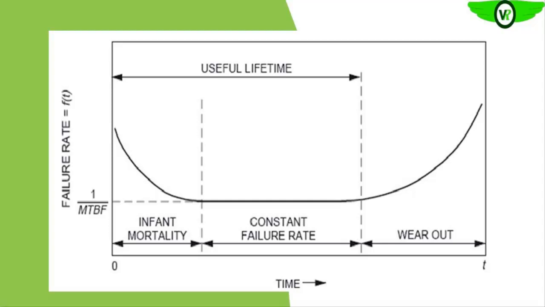And then if you look at the curve too, you see the wear out area. In this area, the probability of failure rate has increased or will be increasing from this point. This is usually due to old age. The equipment has served out its term.